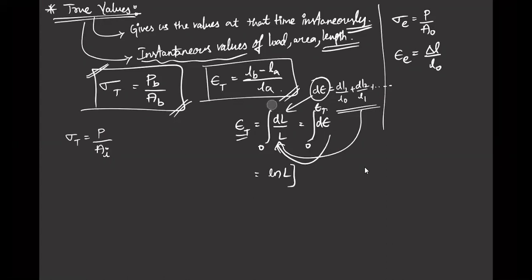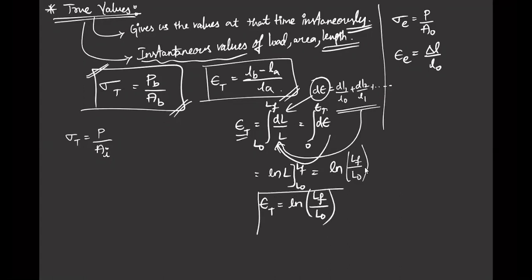In terms of l, from initial to final, l naught to lf. So I put the limits and we have ln of lf by l naught. Actually what we get is ln of lf minus ln of l naught, and ln a minus ln b is ln of a by b. So we got the value of true strain as this. Clear? We got this.